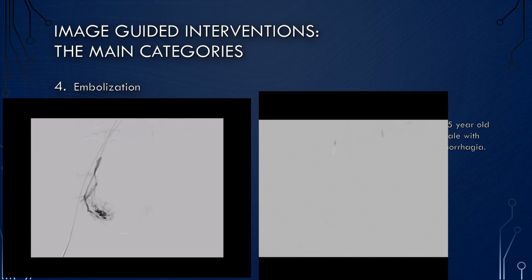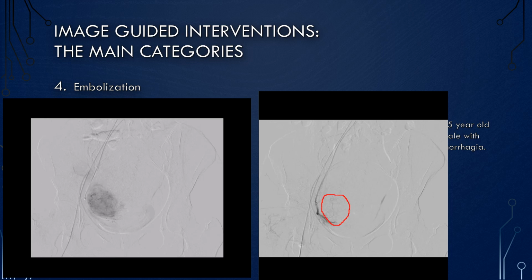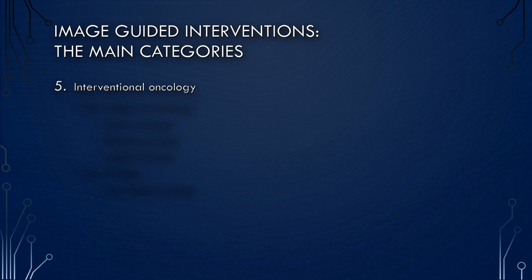Another case example. This is the right uterine artery, and here it is post embolization. You don't see the blush, the visceral blush, which means that the particles that were injected closed or occluded the capillary.